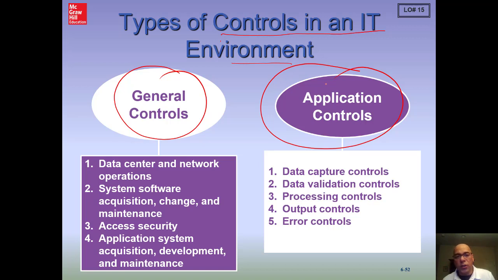You do the penetration testing, and if someone can get through and crack the system through the passwords, then we really aren't concerned as much about the application controls, because now someone can get in and change whatever they need to on those application controls. So we first worry about the general controls. Application controls rely on the general controls.